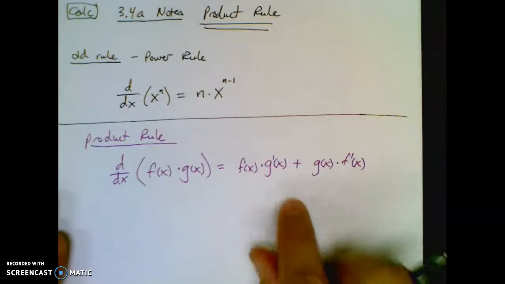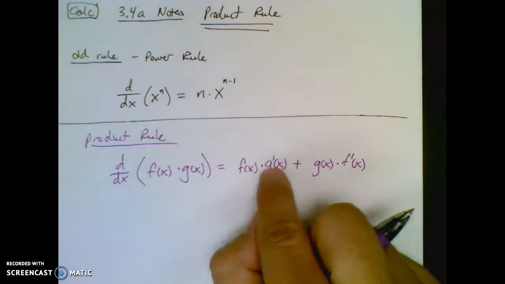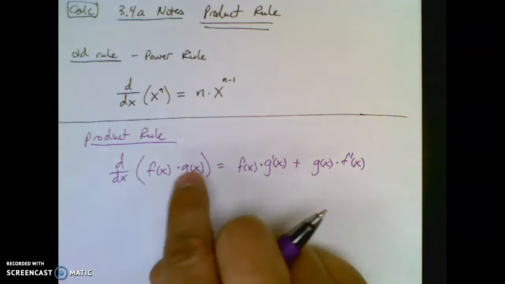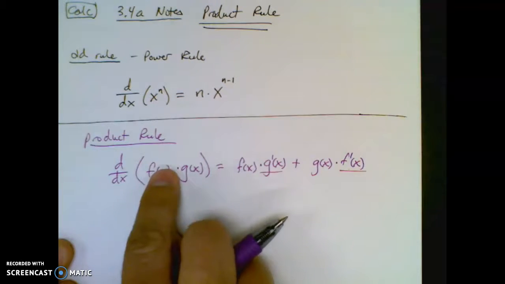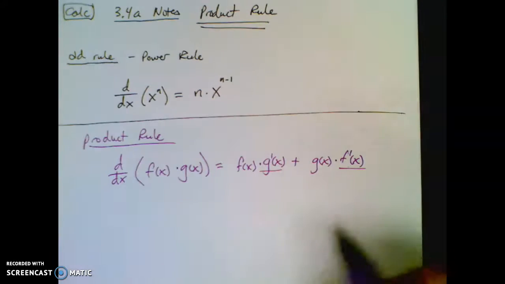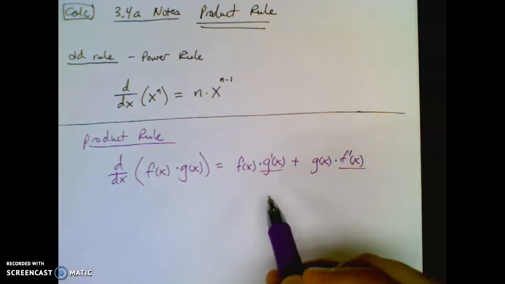If you notice, there are 2 functions here. In one of them, the g is derivatized, if that's a word. It's a g prime. And the other one, the f is derivatized, and there's a plus in the middle. So you're basically spreading out the derivative to each part. And that's what it equals when you do the product rule.